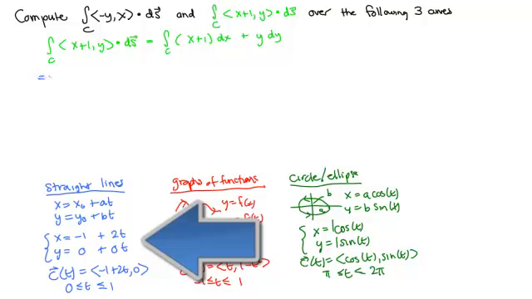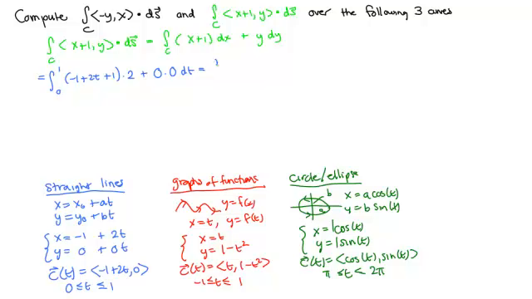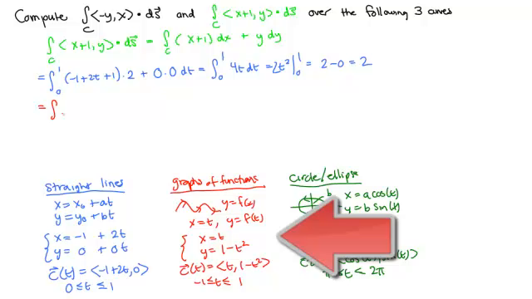So over the blue straight line, this would become the integral from 0 to 1 of x plus 1 times the derivative of x, which is 2, plus y, which is 0, times the derivative of y, which is also 0, dt. So this will become the integral from 0 to 1 of 4t dt. That means we're looking at 2t squared, evaluated from 0 to 1, which would be 2 minus 0, or 2. Next, we'll take a look at the red curve.